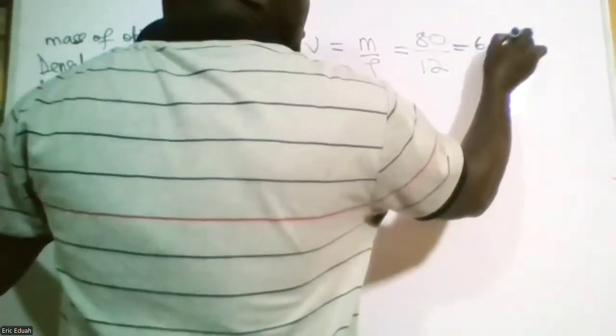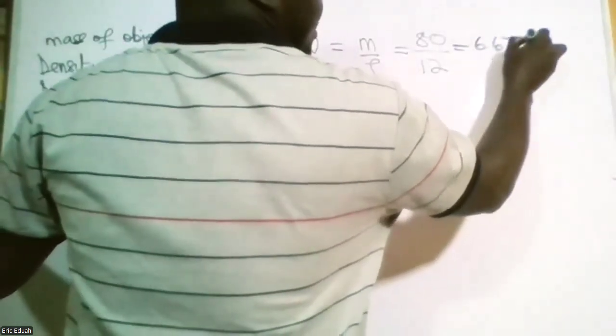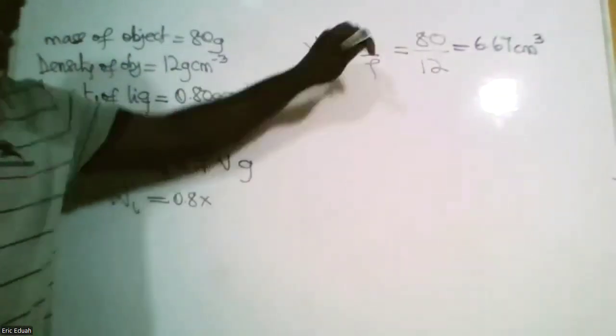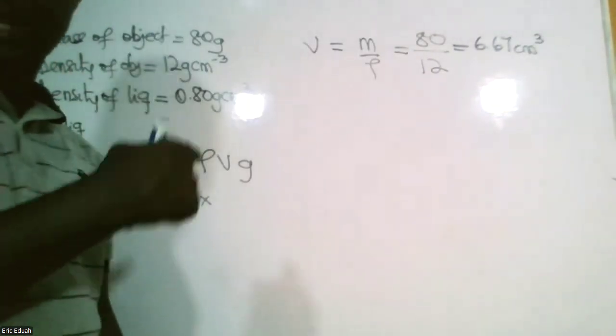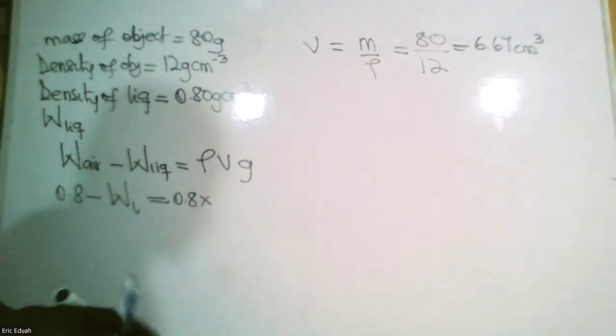6.67 cm cubed. So this is the whole volume of the object. Then we are told that half of this is submerged in the liquid.